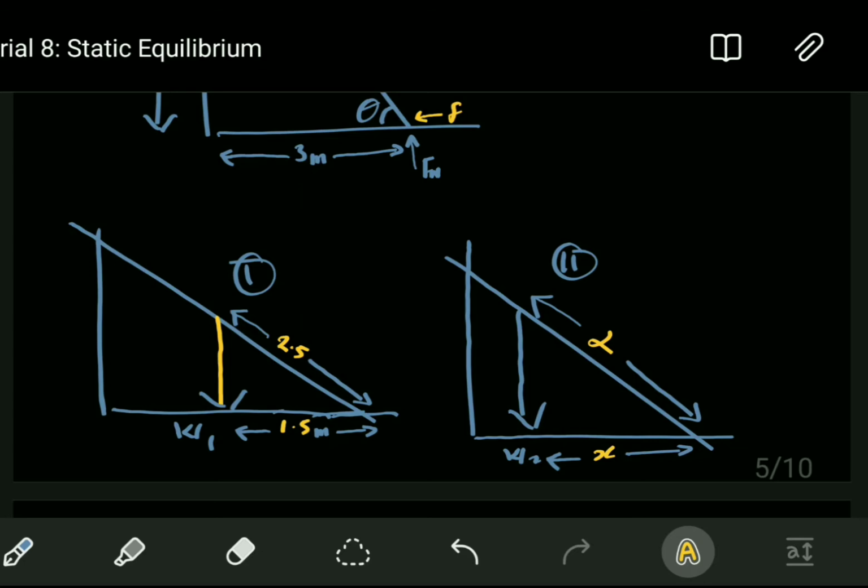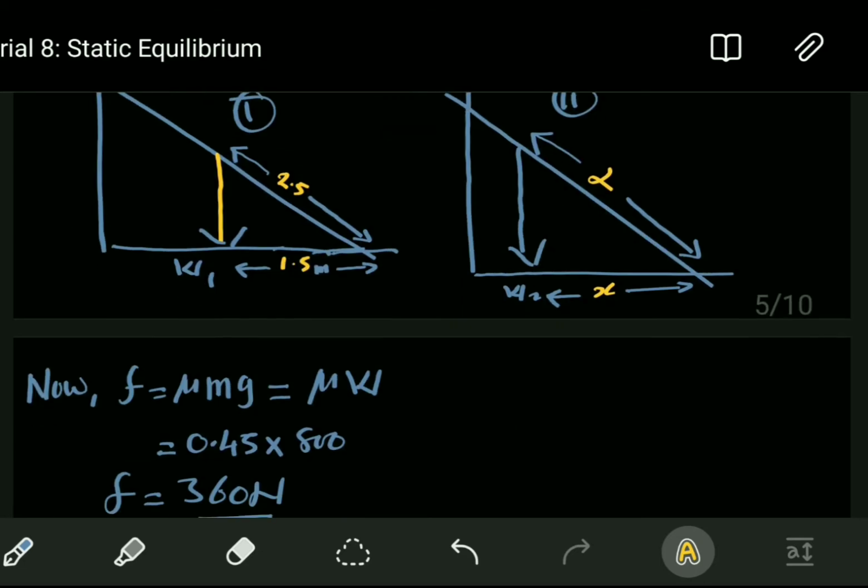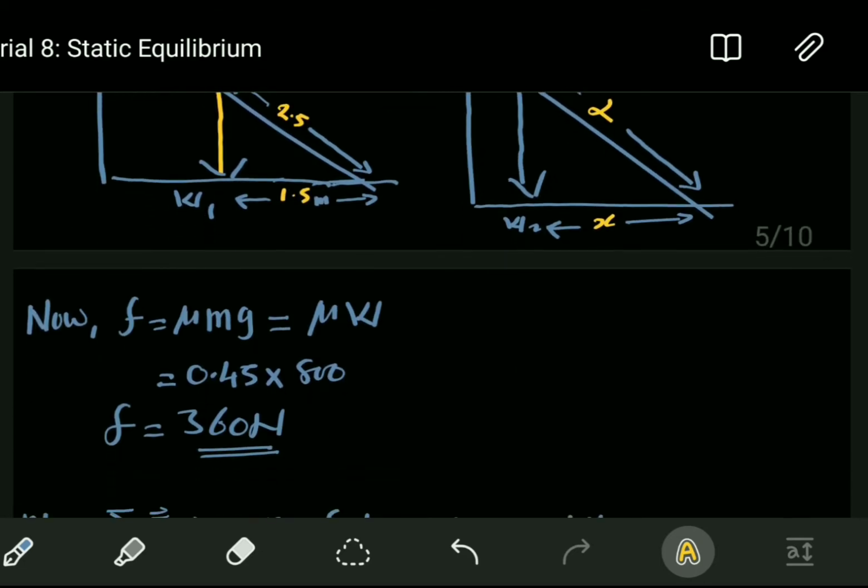All right, first of all, we have to find the friction. We know that the coefficient of static friction is given. We know that frictional force equals mu times the normal force, in which case the normal force is simply the combined weight of the man and the ladder.